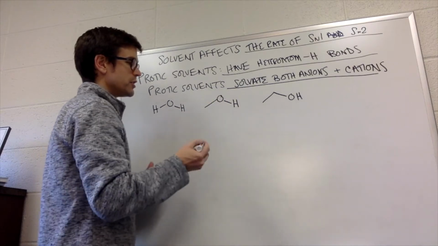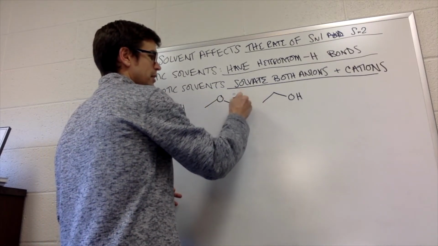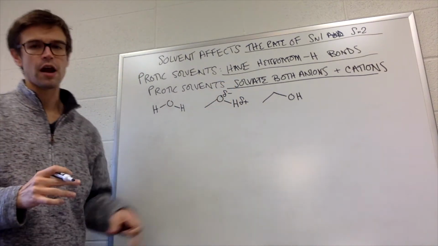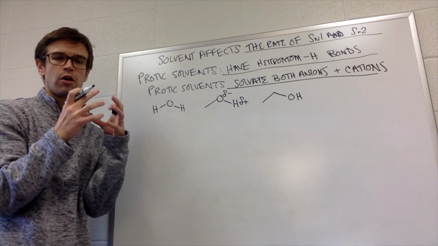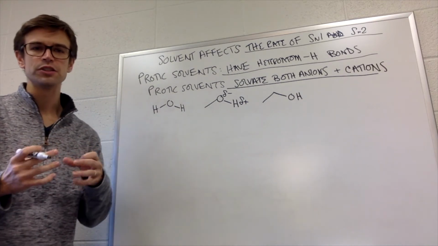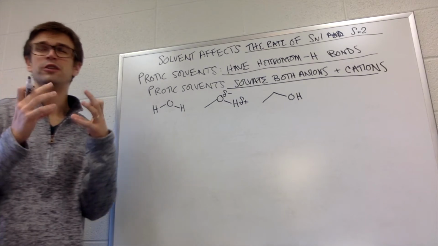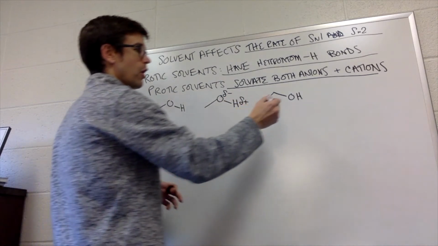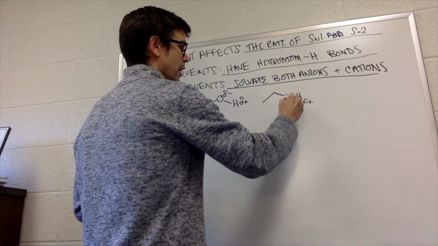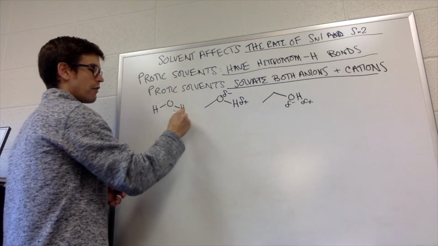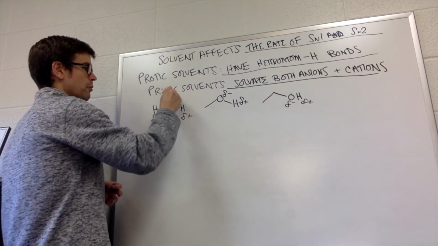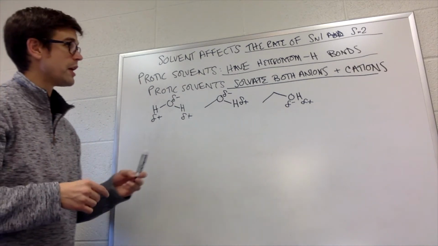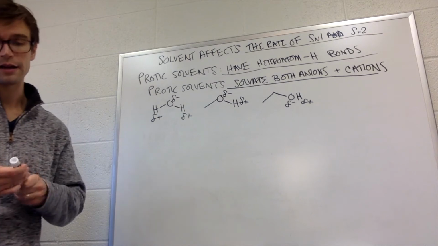So hydrogen, oxygen, relatively small radii, which means the partial positive on that hydrogen and the partial negative on that oxygen are in small atomic sizes, which makes there more charge per volume, essentially. So that goes for all of these. There's a partial positive on the hydrogen, partial negative there. The water would have a partial positive on both of the hydrogens, partial negative on the oxygen. So why does this matter? It can solvate both anions and cations.